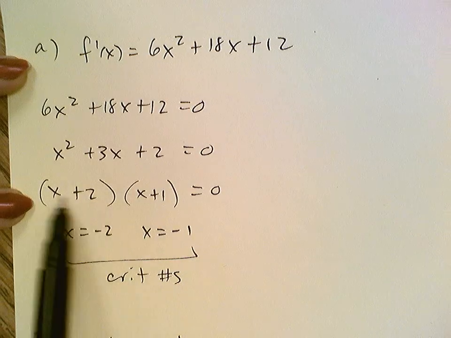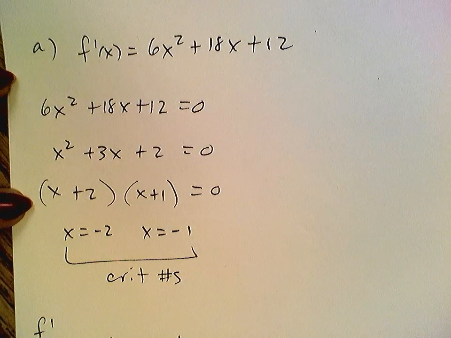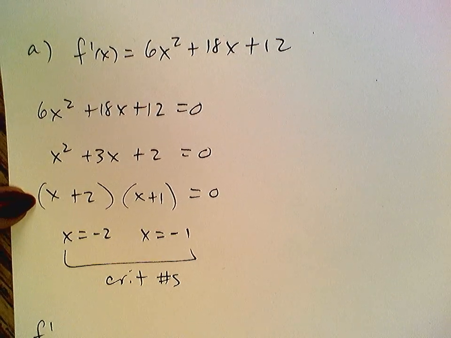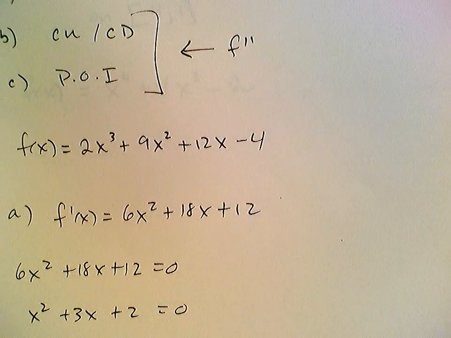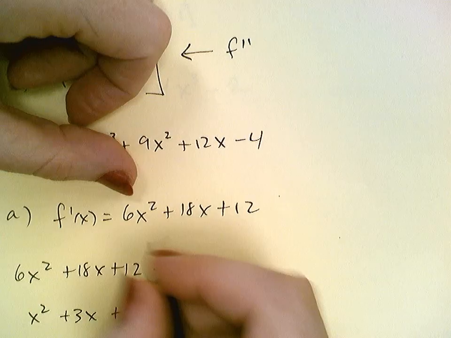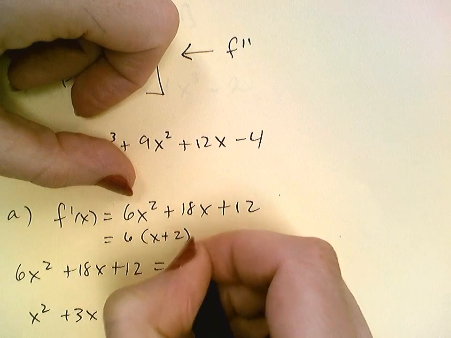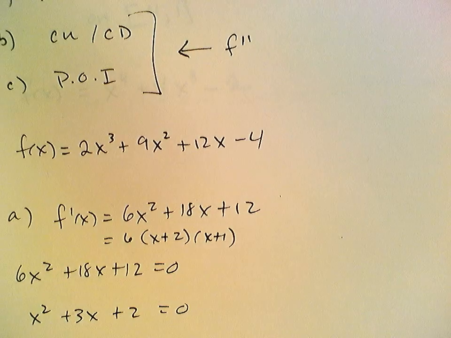And I would plug into the factored form of it. Okay, so see how I factored like that? You want to be plugging into the factored form. So this is 6 times x plus 2 times x plus 1.